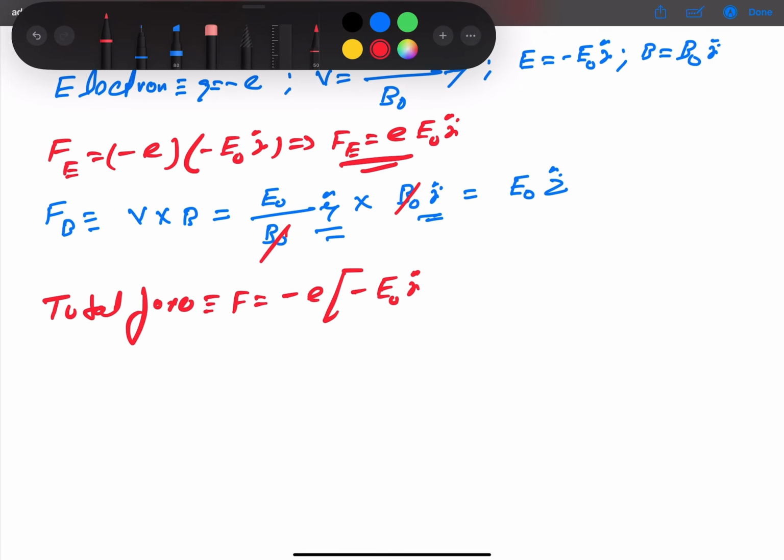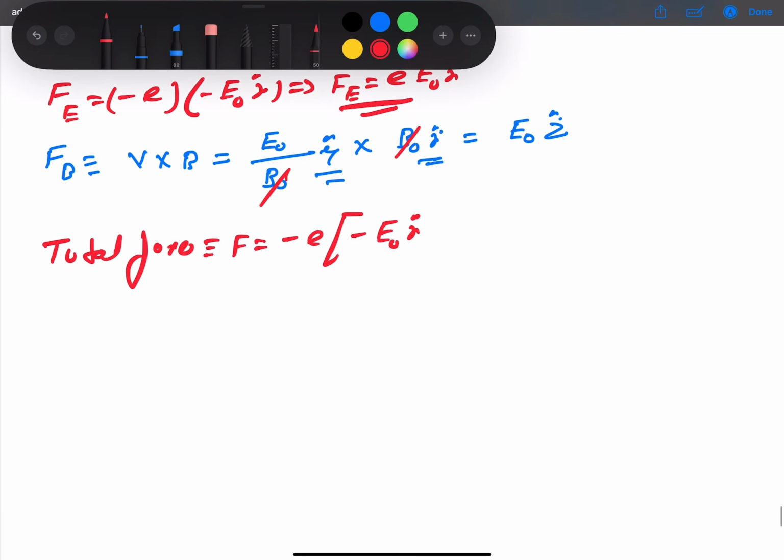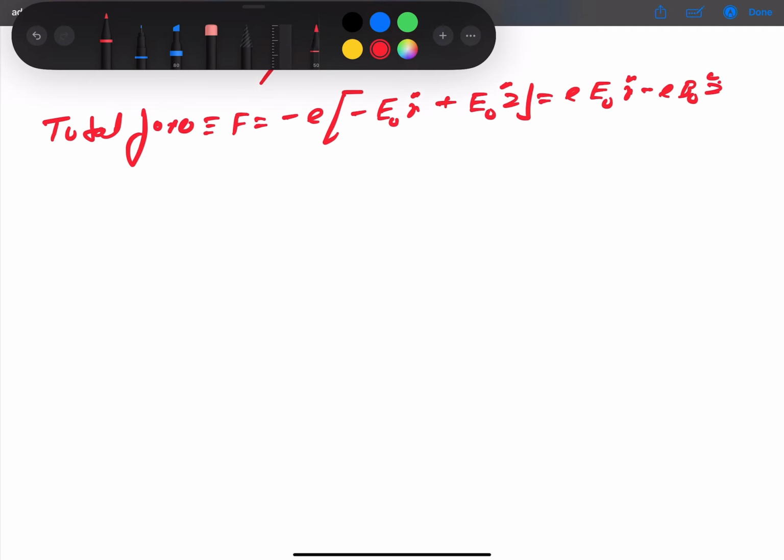We can just solve it, it will become the same, and we have this as plus E B naught z unit vector. So this gives us E naught x unit vector minus E B naught z unit vector, and we can find out our acceleration also.